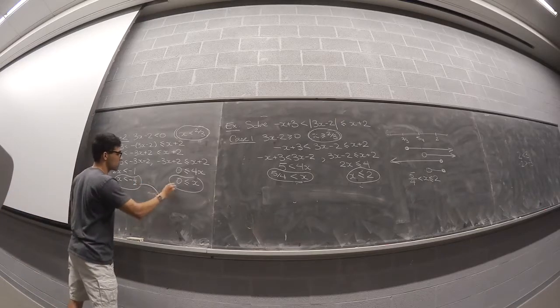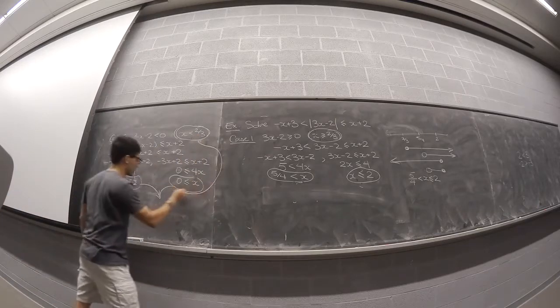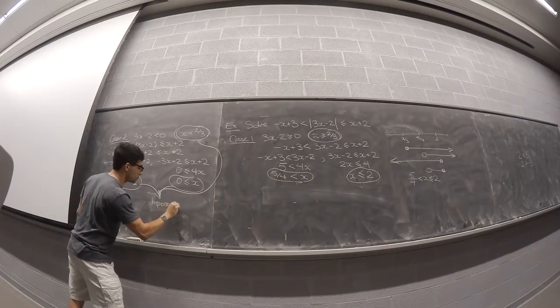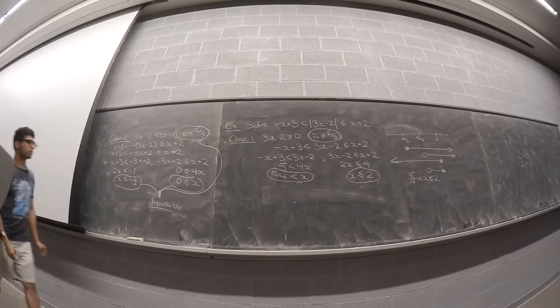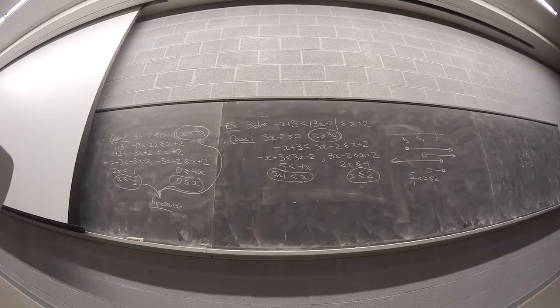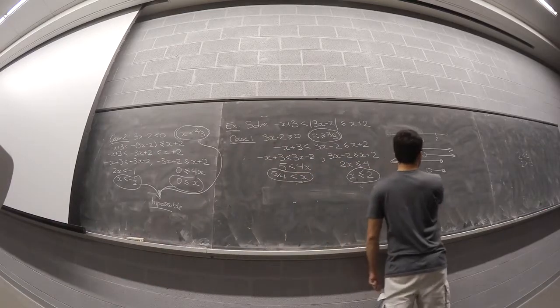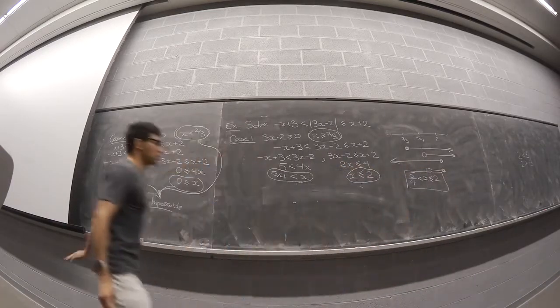Even without looking at that third guy, it just doesn't work. Impossible. You can draw number lines to prove that to yourself if you want. So, the answer to the question is just that, because that case was impossible.